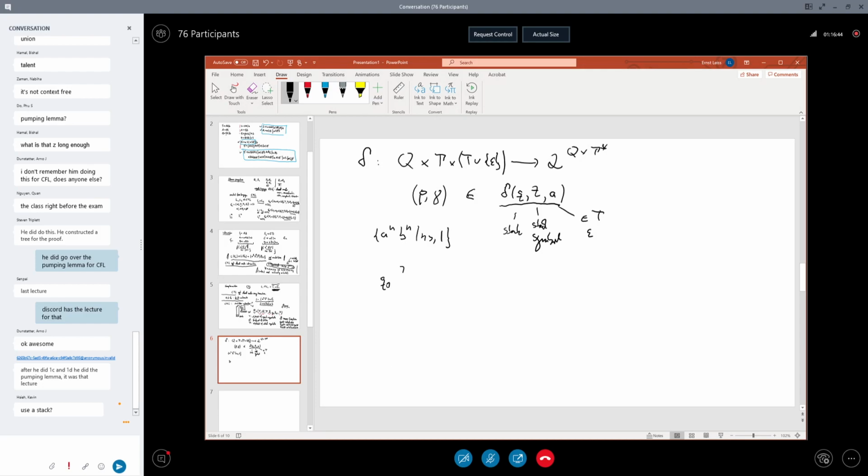We have the initial stack symbol Z, and we have a marker. We basically write down a marker for every A that we're going to see. And so we start this whole process, and we could see an A, we could see a B, and we could have an epsilon.